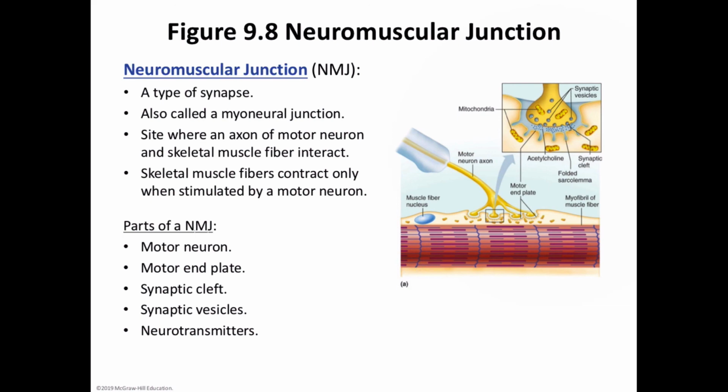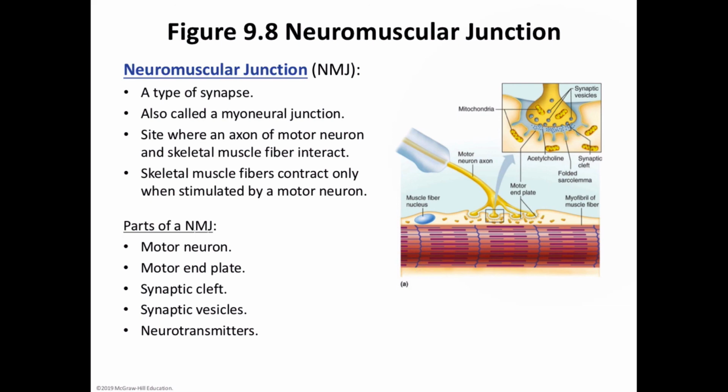I repeat, release of acetylcholine from those synaptic vesicles causes acetylcholine, by way of exocytosis, to move across the synaptic cleft and bind to the acetylcholine receptors on the sarcolemma, which is the cell membrane of this skeletal muscle, opening the chemically gated sodium potassium channels.